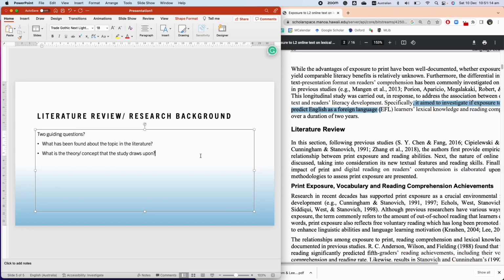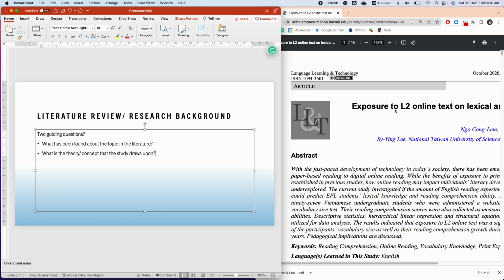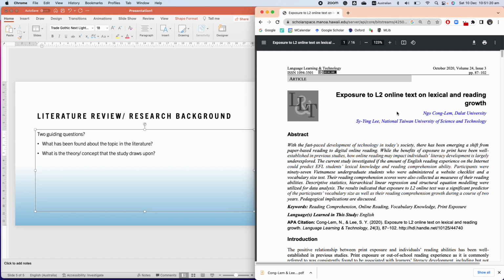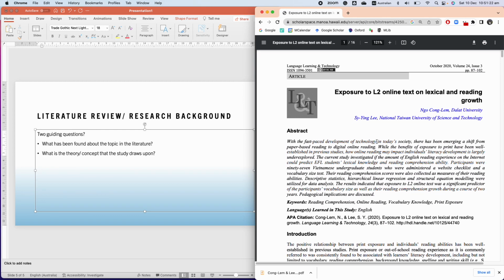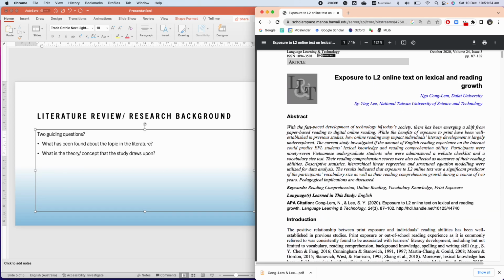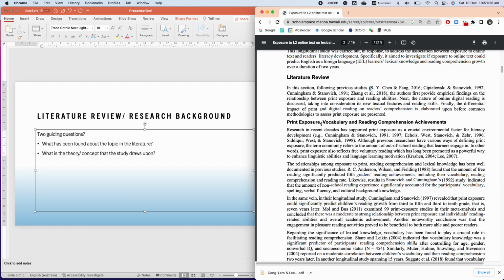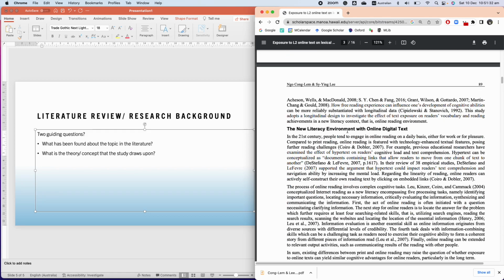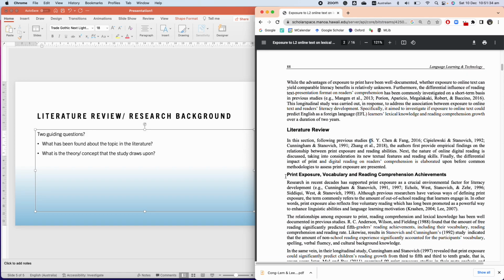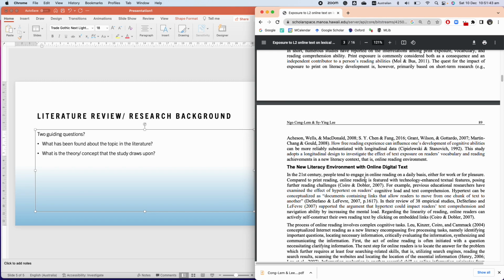So if the topic is about reading, if it is about online text, it's about vocabulary, then at least in the literature review you need to talk about things like vocabulary, comprehension, and the relationship between them. Although we didn't write the relationship, when we write it like this, it means that we are talking about the relationship between or among them.